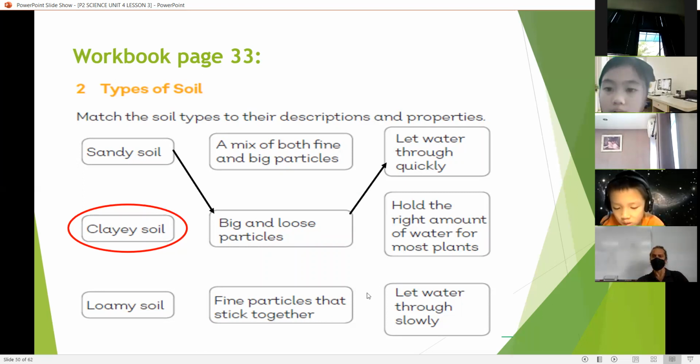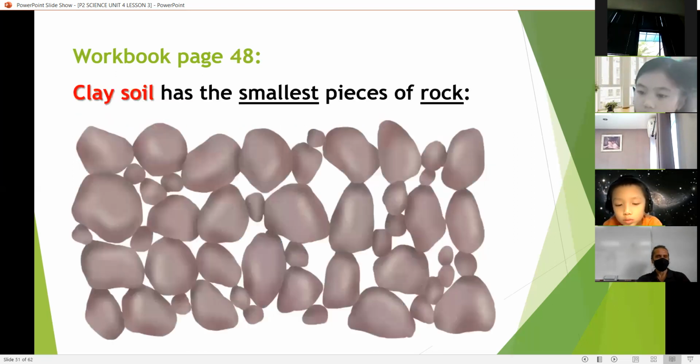So number 1 or number 3? How can it be number 2? We've already used number 2. Very nice. Remember, guys, clay soil has the smallest pieces of rock.